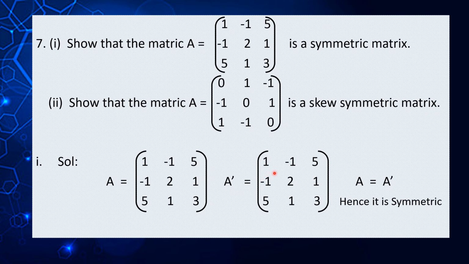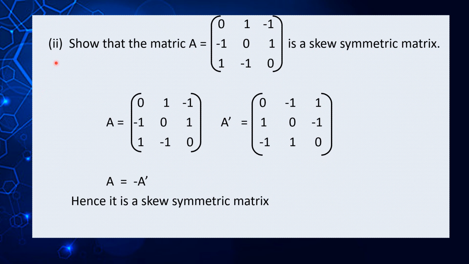That would be 1 minus 1 5, minus 1 2 1, 5 1 3. Now compare the transpose of that matrix and the matrix with each other. You would find that it is equal. So A is equal to A transpose. That proves the condition for the matrix to be symmetric. Hence it is a symmetric matrix.